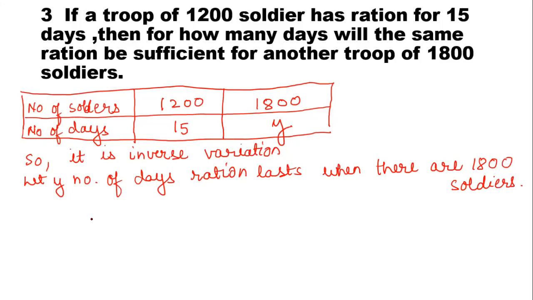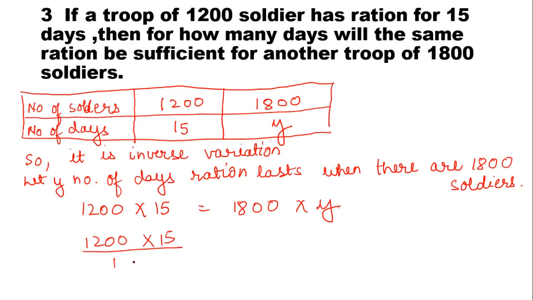Is it clear? तो ये आ गया 1200 into 15 is equal to 1800 into y. 1200 into 15 divide by 1800. ये यहाँ पे मल्टीप्लीकेशन में है तो यहाँ जाके डिवाइड हो जाएगा, इज इक्वल टू y आ जाएगा.